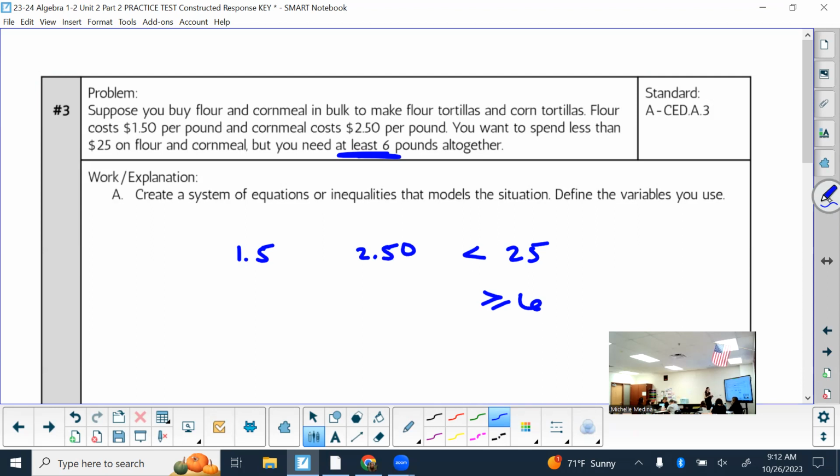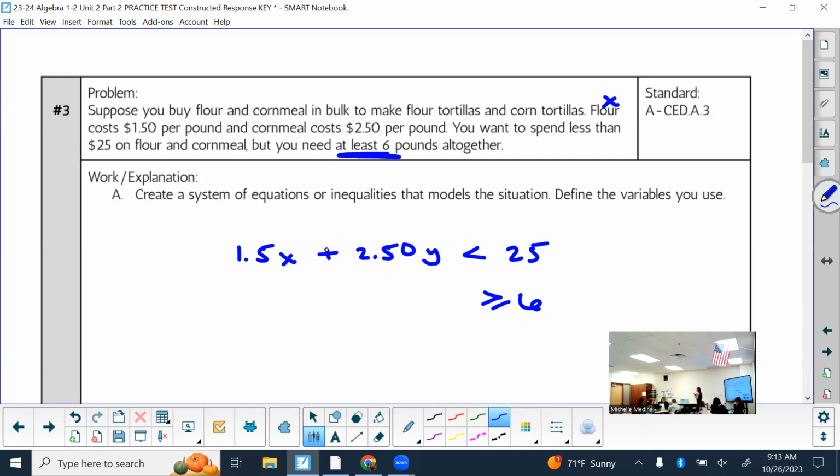So we can make flour X. So 1.5x, and we can make the cornmeal Y, which is 2.50 per pound of that. And then what needs to go in between them? Plus. Because combined, you need to spend less than $25. So combined means add. So this is our first inequality.